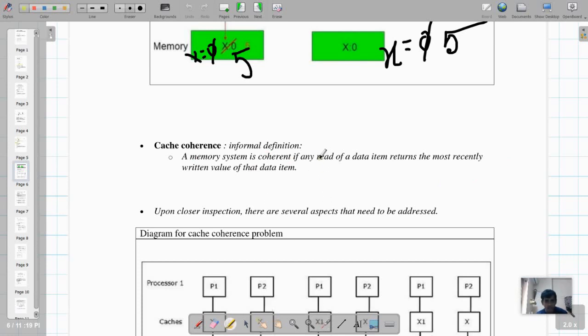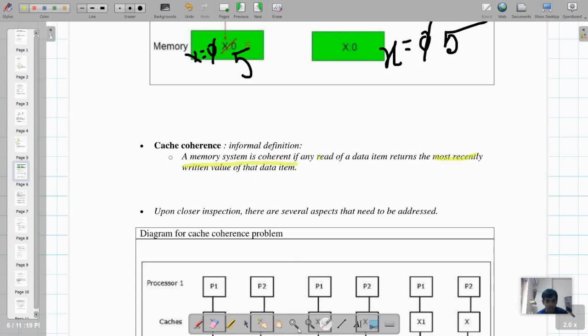I highlight the most important portion. Most recently written value of that data item must be accessible by the processor. And if most recently written value of the data item is accessible, then the memory system will be called coherent.